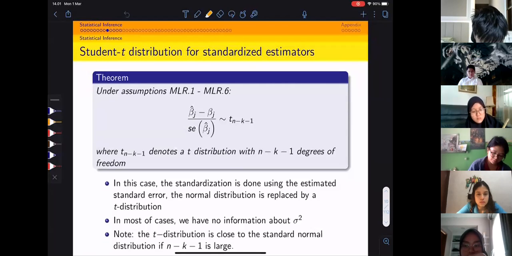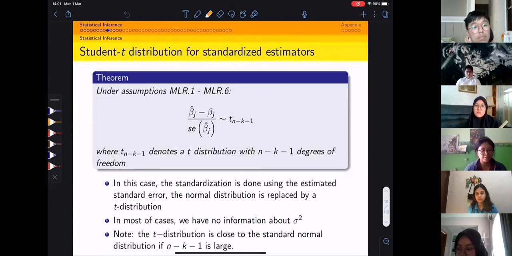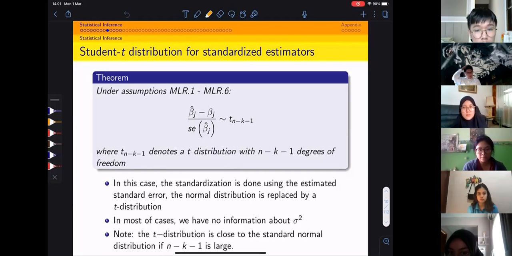If you think that some of the concepts are quite abstract or foreign to you, just recall your statistics 1 and statistics 2 courses.